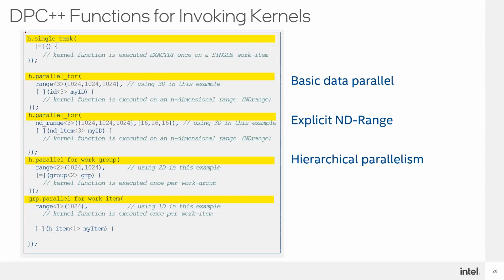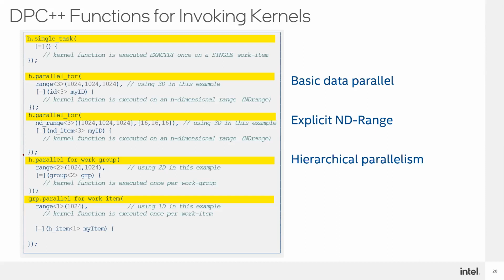But it's also possible to execute the kernel only on one single work item using a single task, or you can execute with the explicit ND range we talked about a bit earlier, where you can specify the ND range, and some features will be only available for the ND range form. So this explicit ND range, for example, this controlling of a shared local memory, is possible only when you invoke the kernel with the ND range way.